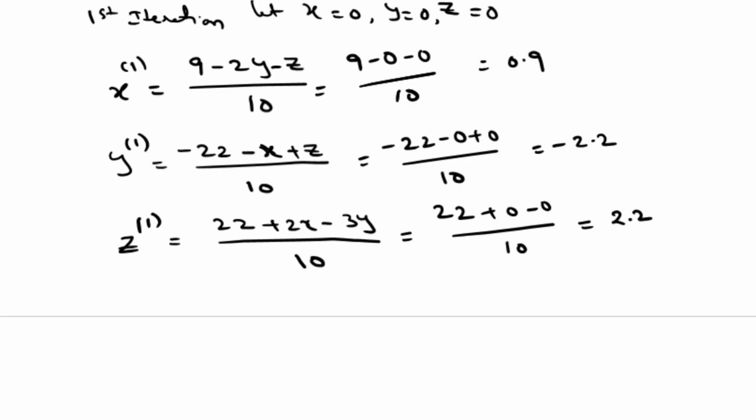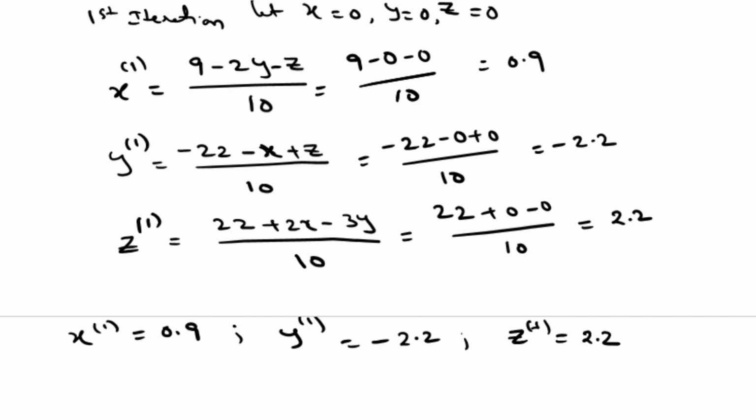Therefore, x in the first iteration is 0.9, y in the first iteration is minus 2.2, z in the first iteration is 2.2.